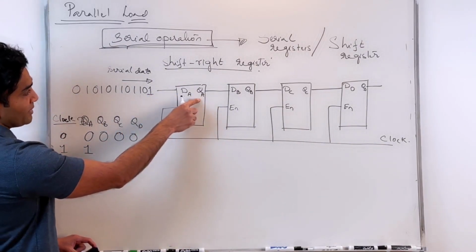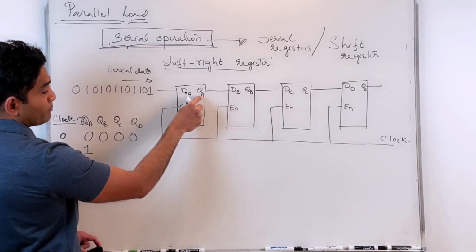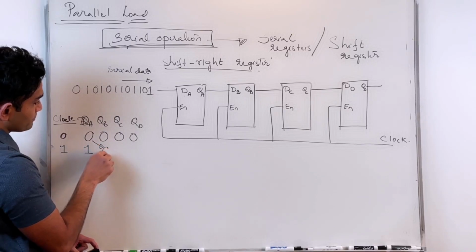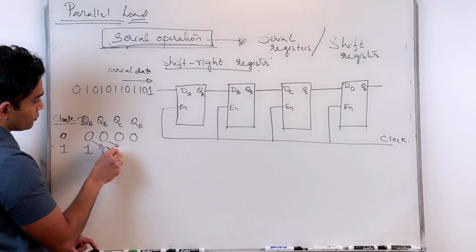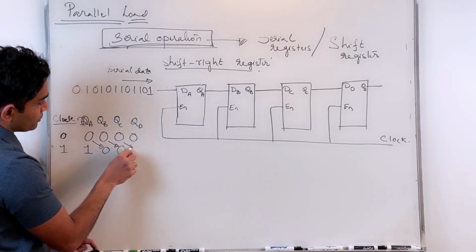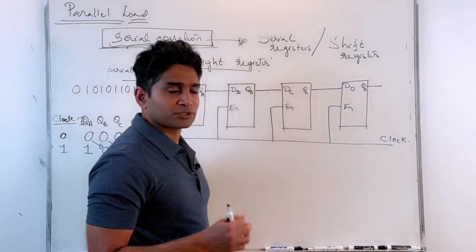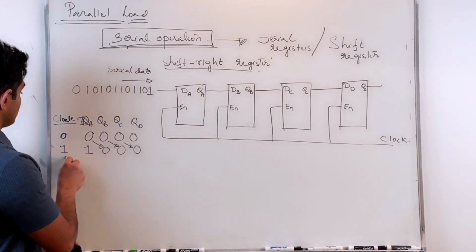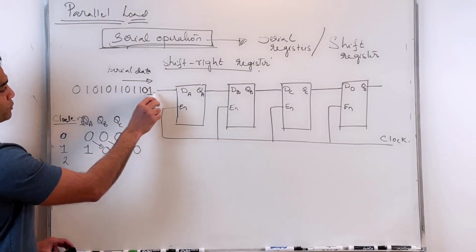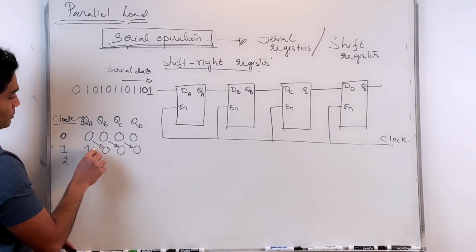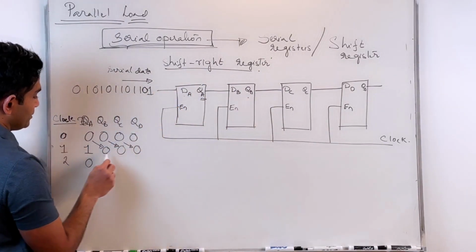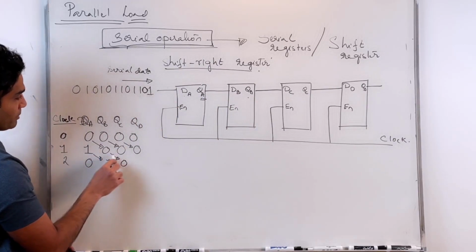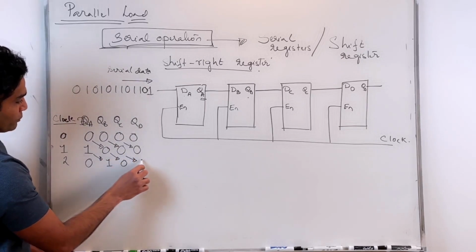The output of this is applied as an input to this flip-flop. Again, before it was 0. So that basically gets pushed onto QB. QB value gets pushed onto QC. QC gets pushed onto QD. So I'm shifting the data. Right? On the second clock pulse, my 0 gets pushed onto QA, 1 gets pushed onto QB, again 0 from QB onto QC, 0 from QC onto QD.